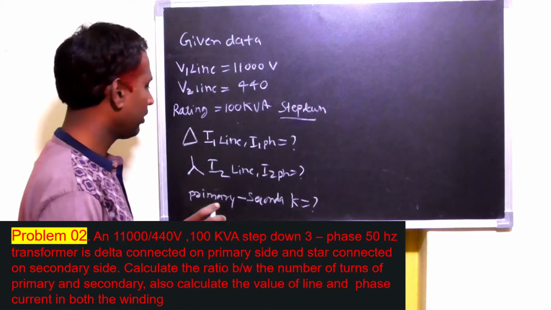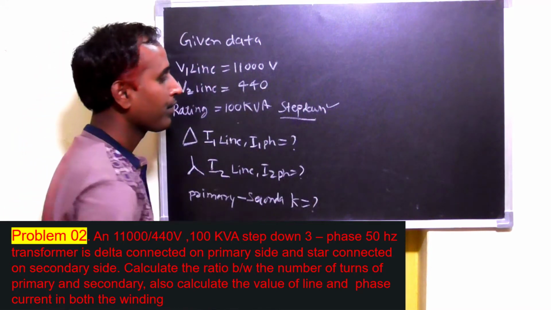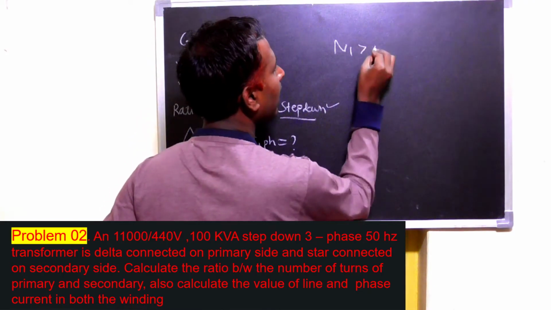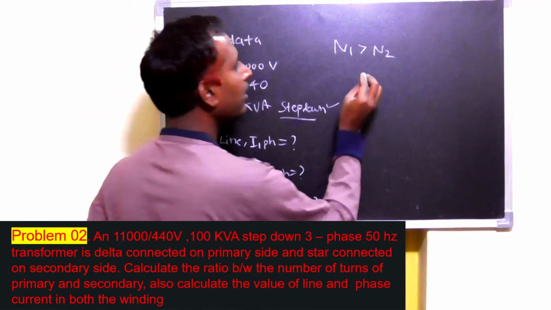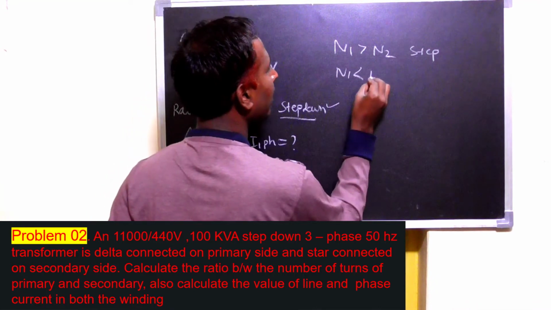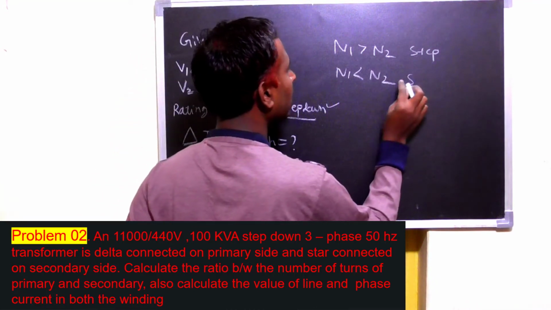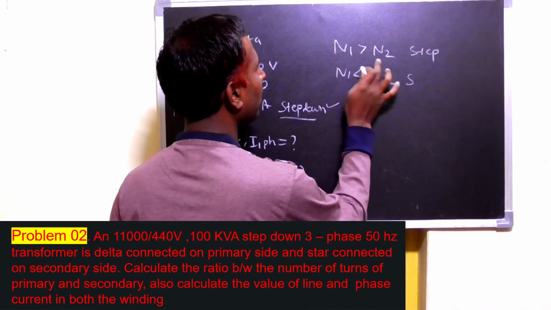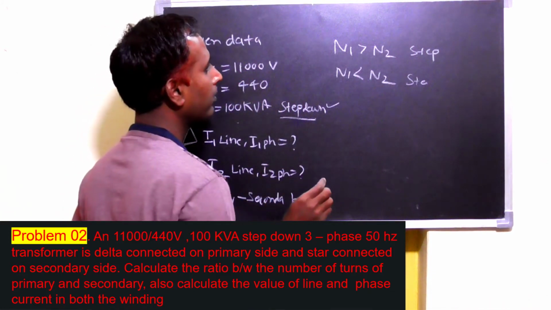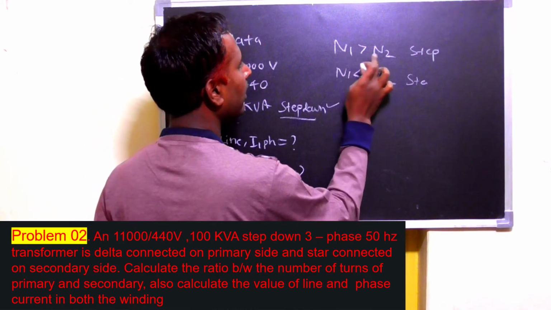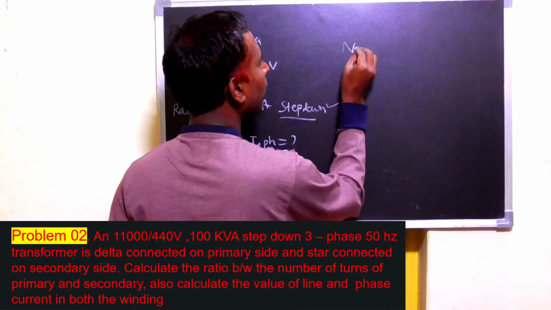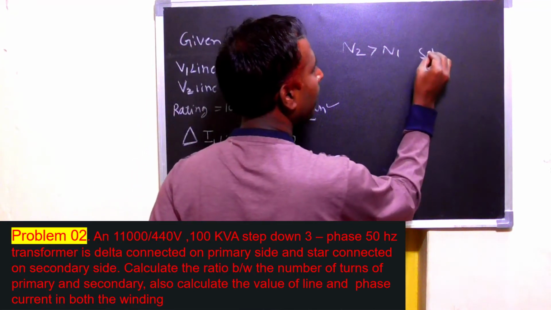So here it is a step down transformer. We already know that if N2 is greater than N1, it is a step up.